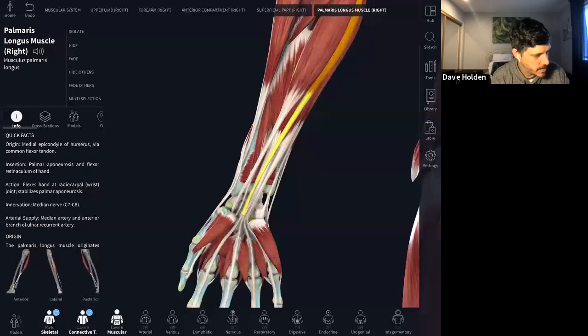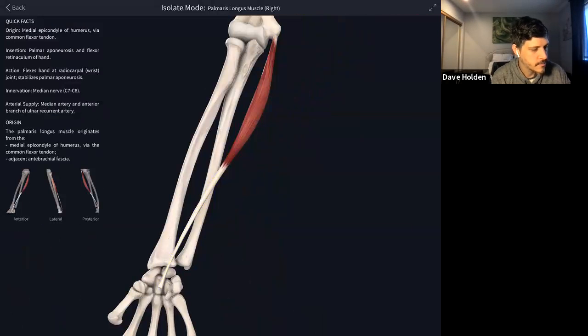There we are, palmaris longus. So you'll feel it more on the ulnar edge, that little belly running on the proximal side of the forearm, closer to the ulna. As you start to cup the palm in, your fingers will find this kind of diagonal, slender belly.